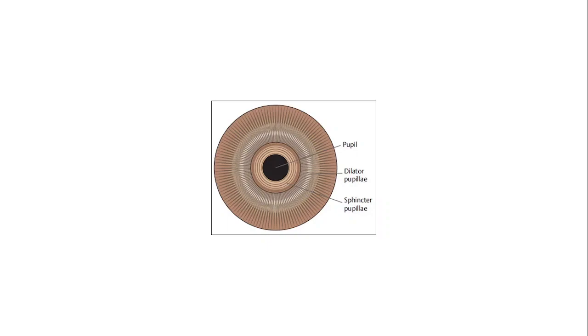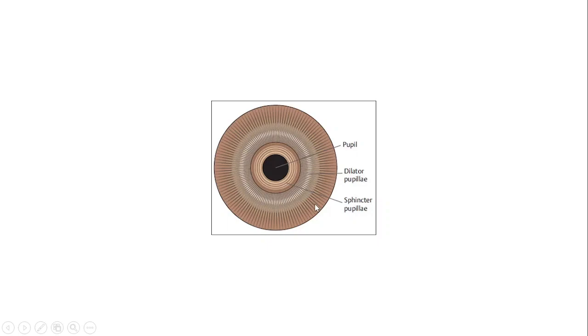It's important to also note that the iris has two major layers. These are the stroma, which is anteriorly located. Look at the pupillary zone, look at the collarette here, and the rest is the ciliary zone.